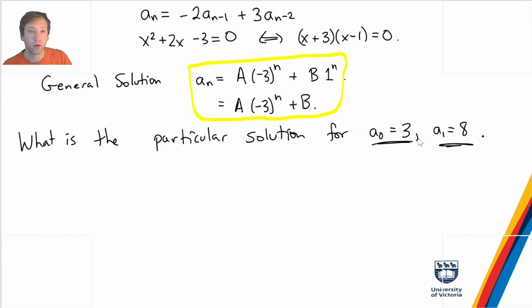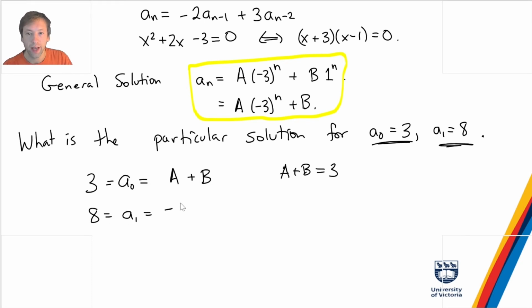So, okay, we've got that 3 is equal to a_0, which is equal to A times negative 3 to the 0, which is 1, plus B, right? So we have the equation A plus B is 3. 8 is a_1, which is negative 3A plus B. So negative 3A plus B is 8.